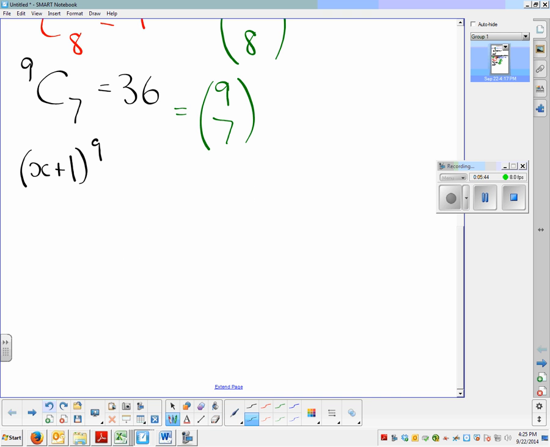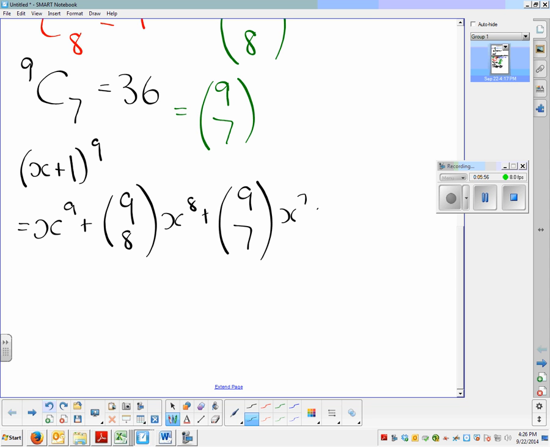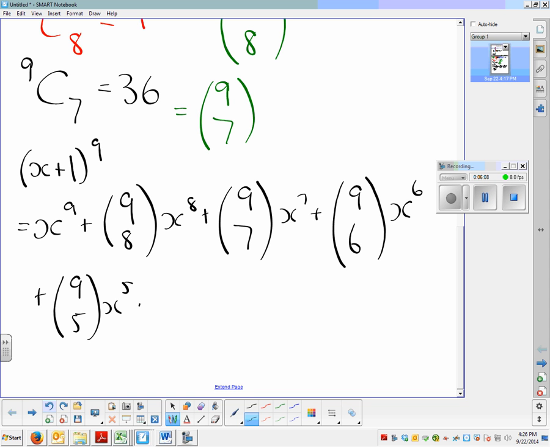Let's do it the other way around. x to the 9 plus 9 choose 8, x to the 8, plus 9 choose 7, x to the 7, 9 choose 6, x to the 6, so on. 9 choose 5, x to the 5, 9 choose 4, x to the 4, and so on.